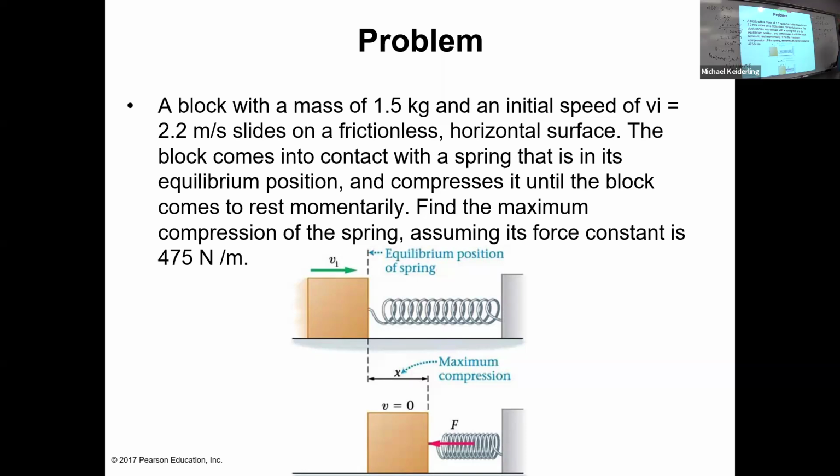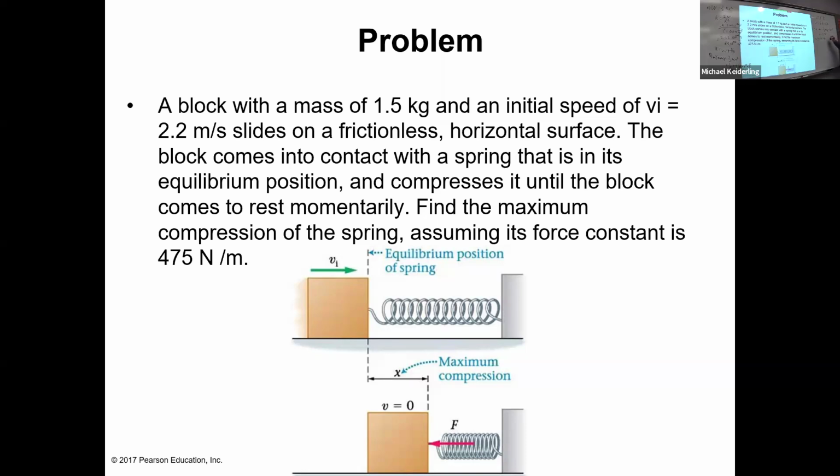The work done by the spring is minus, well, in this case, you can use the minus 1/2 kx squared.